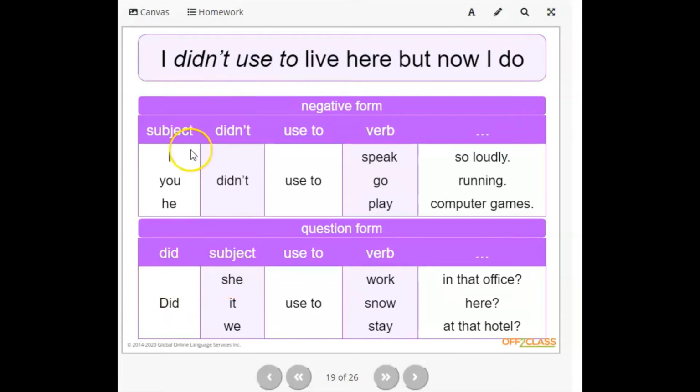So we invert the subject and the auxiliary. So the auxiliary first, did, and then the subject. Did she used to work in that office? Did it used to snow here? Did we used to stay at that hotel?